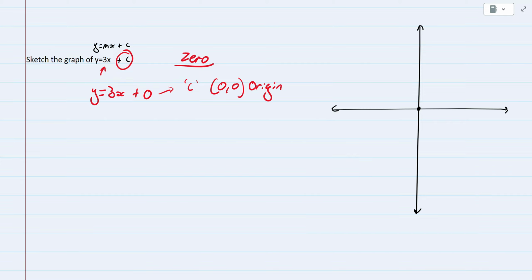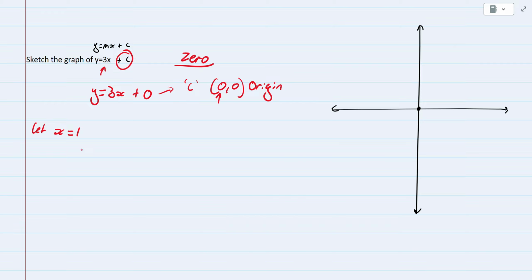So then how do we use 3x? There are two ways to do this. The first way is we can let x equal a second point. We'll just say let x equal 1. 1's a nice point. It's the next point after 0. So we're going to be increasing our x coordinate by 1.